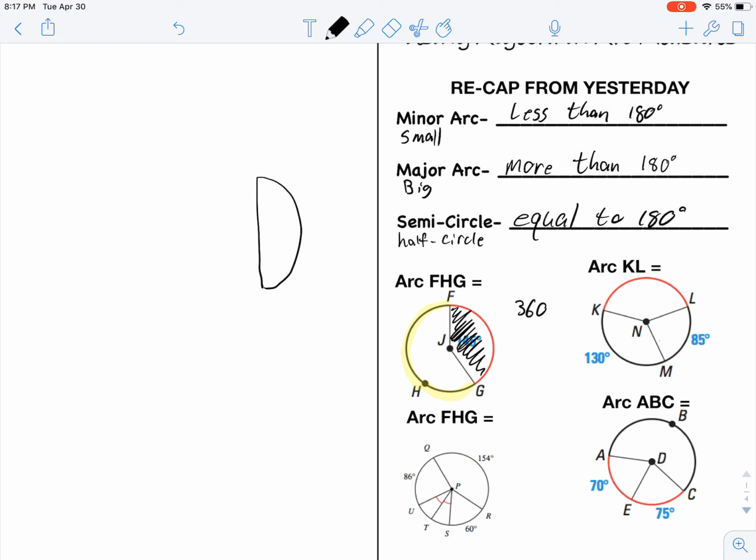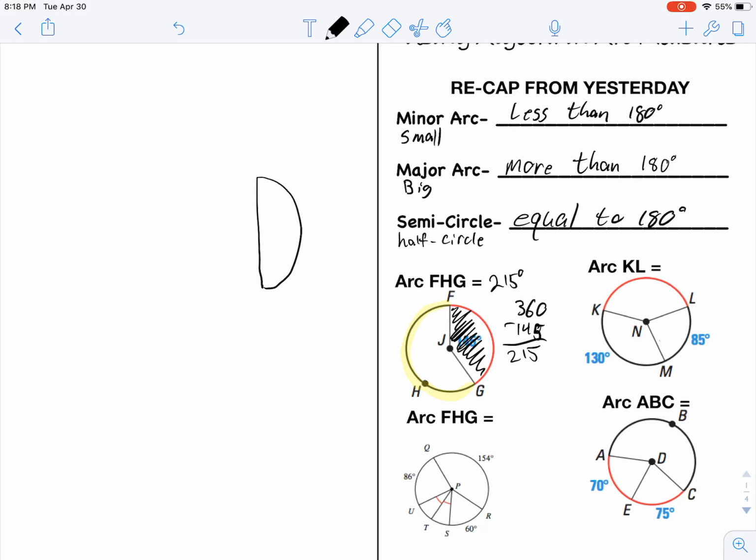So let's take it away from this 360. So 360 minus 145. That's what it should look like in your calculator, and you should get 215. So the measure of what's left over is what we need, and that measure is 215 degrees.